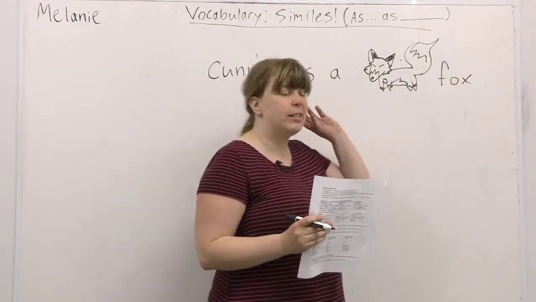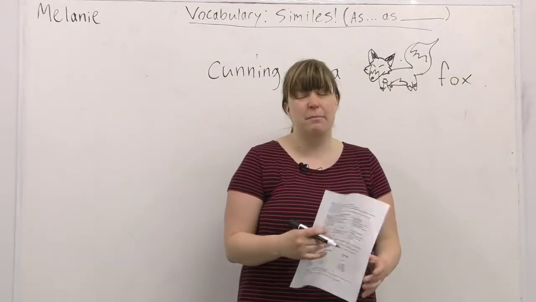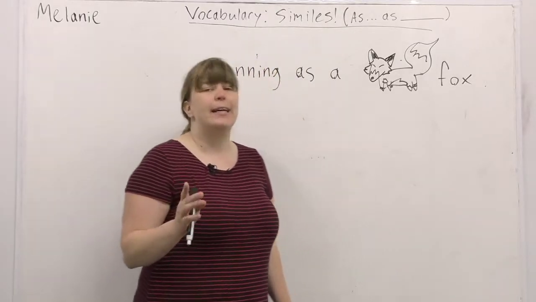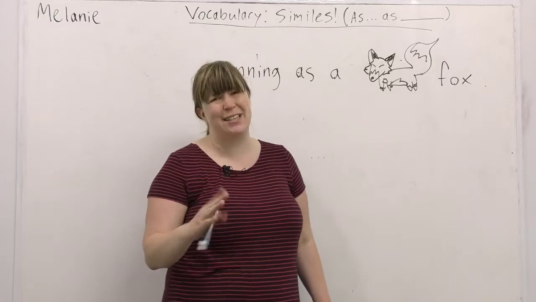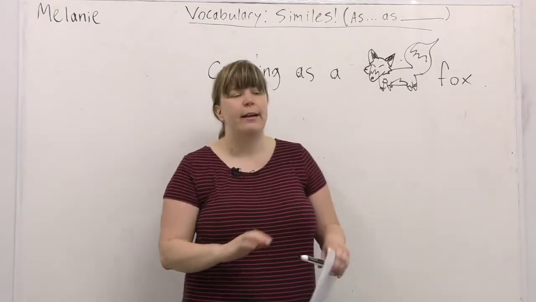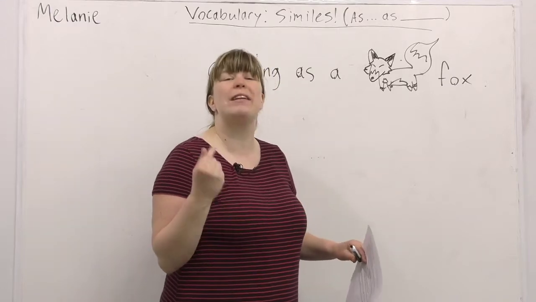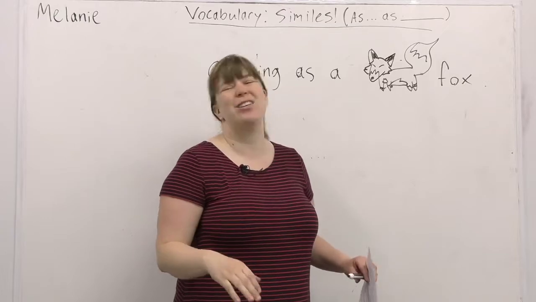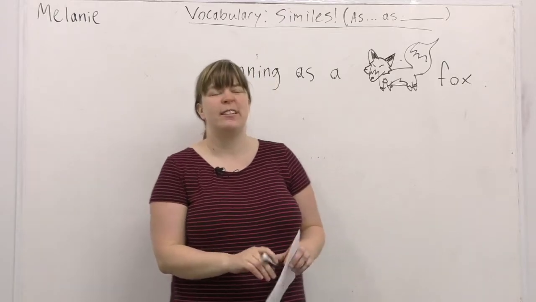All right, so what does cunning mean? Cunning means it's kind of similar to smart, but it's not always a positive way to say it. It also means sneaky. If somebody knows what they want, they know how to get it, and they might not get it in the nicest way.